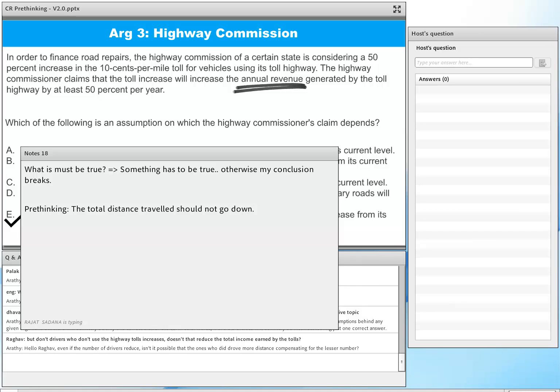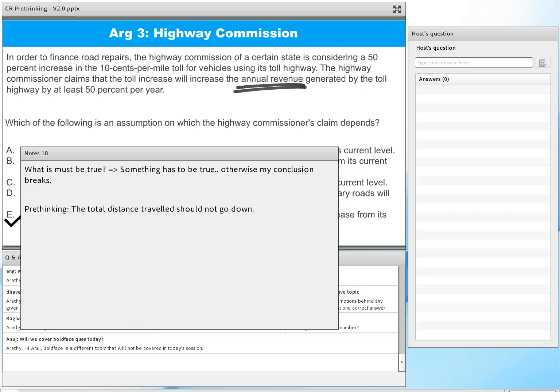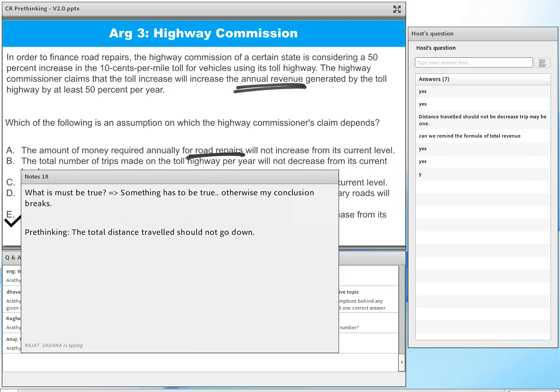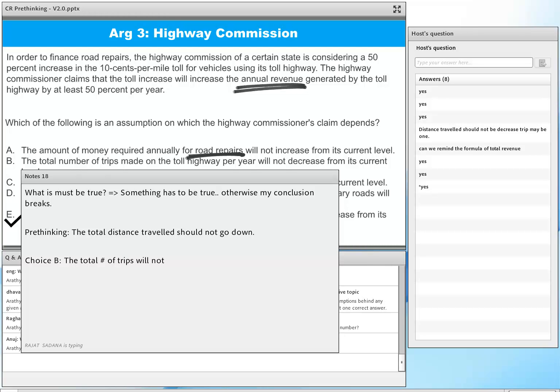Everyone remembers that? The total distance traveled should not go down. Everyone remembers that? Yes, no? Yes. Okay. What does choice B say? Choice B says total number of trips will not go down.